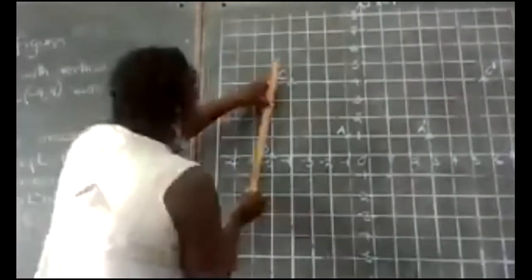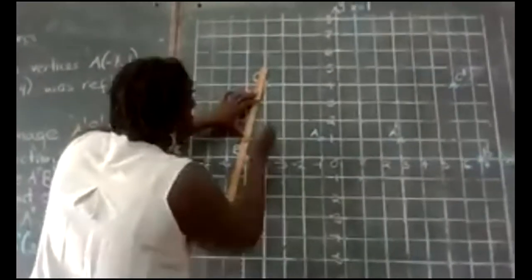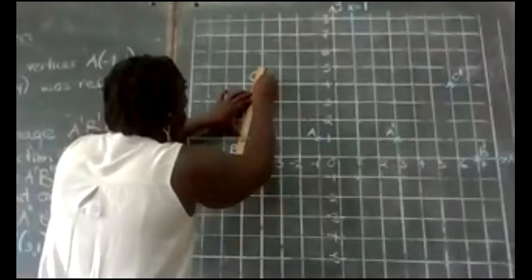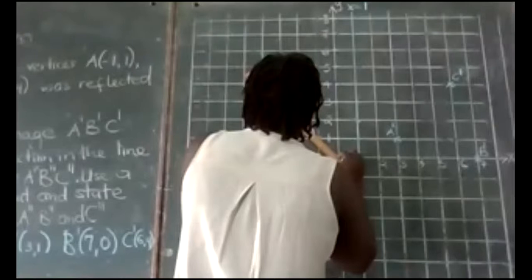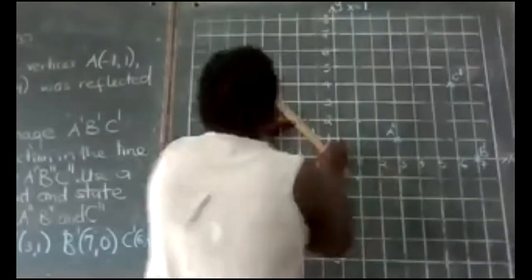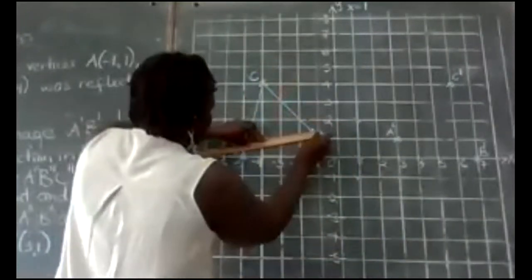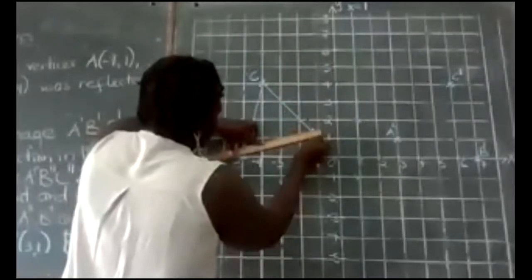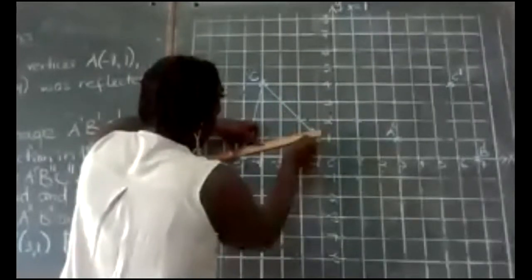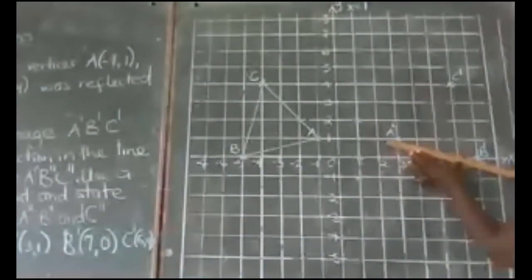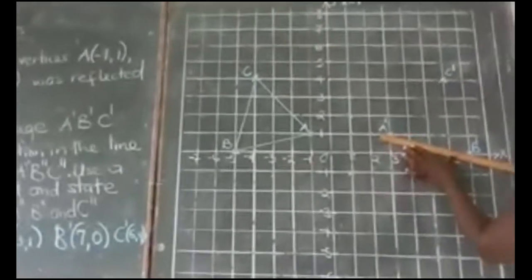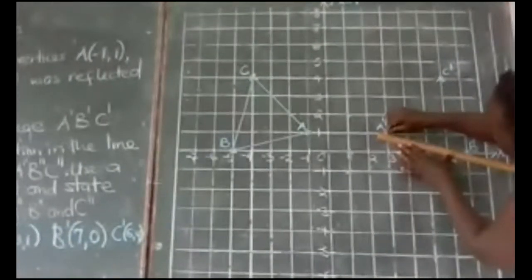Like I mentioned, we're going to connect these points to form our triangles. Our object triangle is here. And likewise, I'm going to join the points on this other side to form our first image triangle.